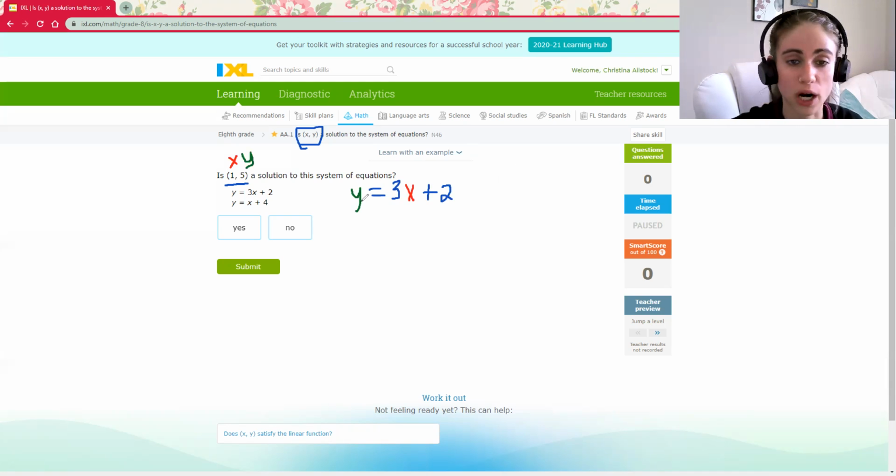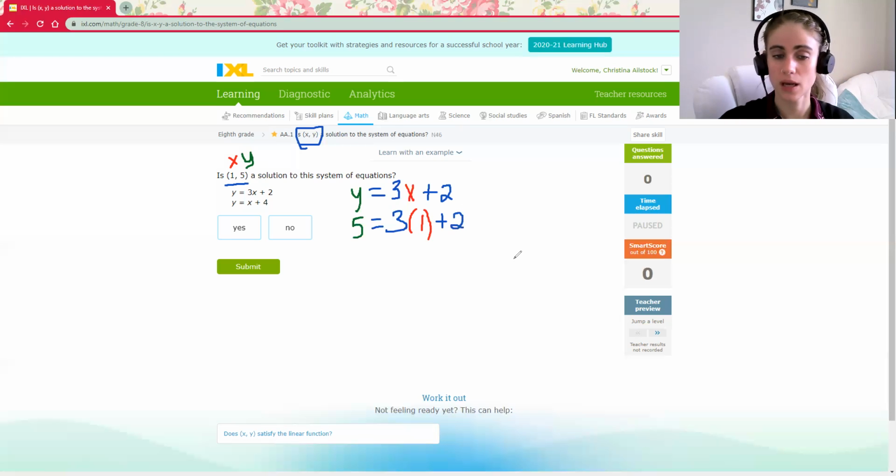We're going to substitute our 5 in for y, and then my equals sign stays the same, but instead of 3 times x, it will be 3 times 1, because 1 is our x value. So we're substituting 1 in for x. And then plus 2. Now I have no more variables, which means I just need to simplify this using order of operations so I can determine whether or not it makes a true statement.